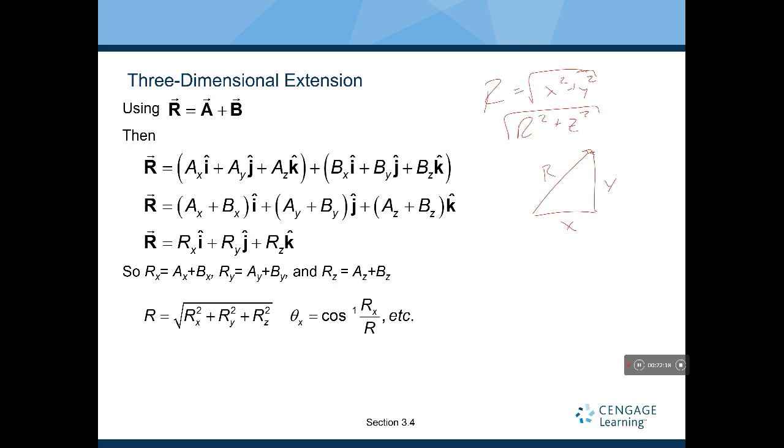Now, if I put these two together, you'll see it's the square root of the square root of x squared plus y squared, squared, plus z squared, which simplifies to the square root of simply x squared plus y squared plus z squared. So technically we're doing Pythagorean theorem twice, but numerically that simplifies to putting everything underneath the square root. And you get this guy right here.